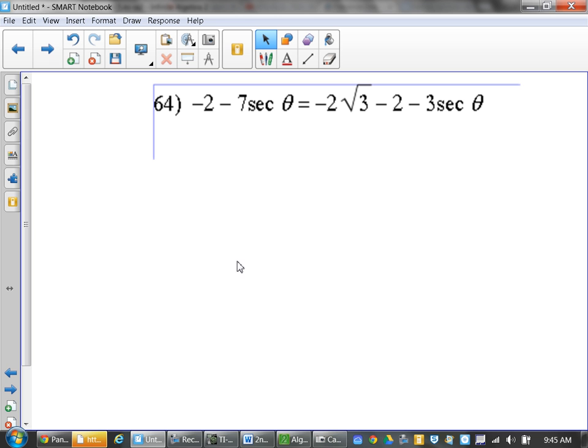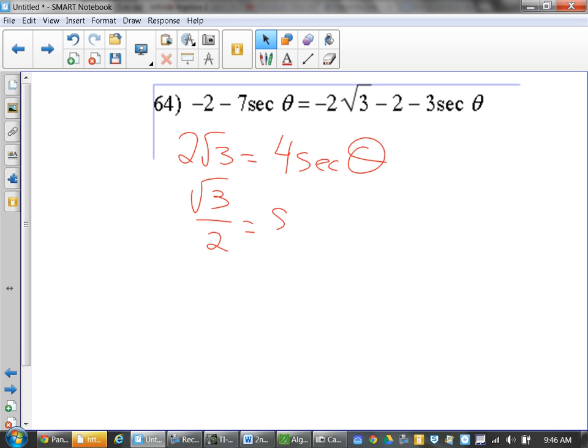So I wind up with 2 root 3 equals 4 secant theta. Okay? Now I have to divide both sides by 4, and I get root 3 over 2 is the secant of theta.